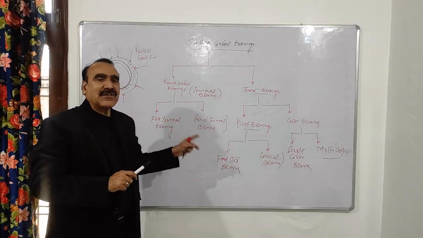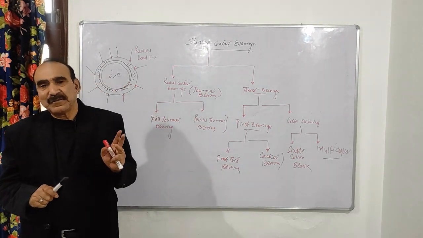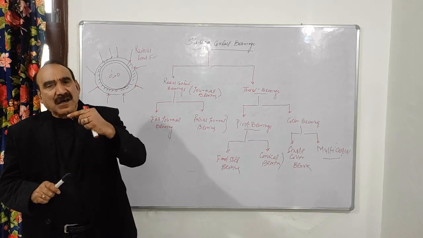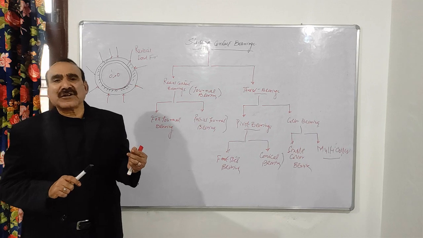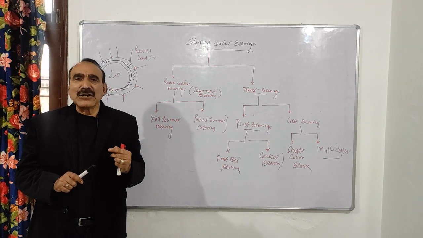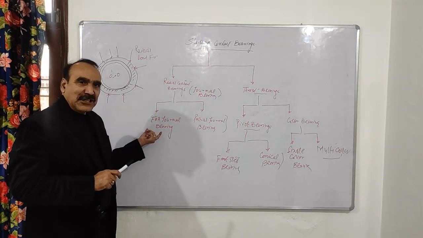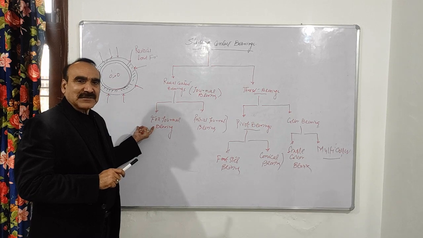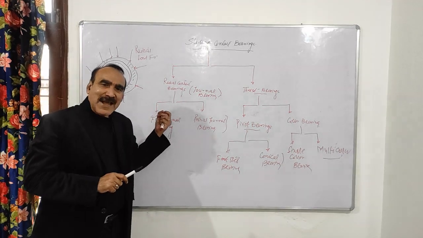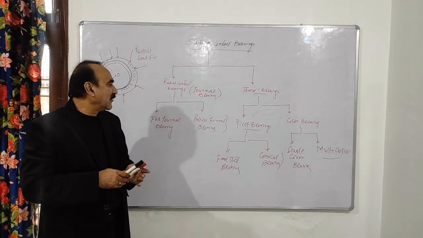So in case of full journal bearing, you can say its protection is 360 degree, right? Or you can say that the shaft is protected all around its circumference by the bearing, and the radial load which is acting on this, and the radial load which is acting on this, that is acting at every direction. ठीक है जी, आपका हो गया full journal bearing.